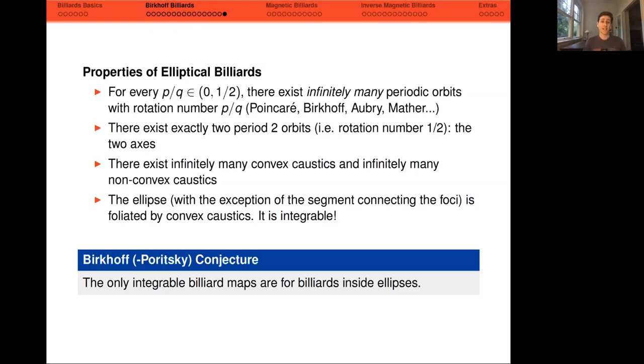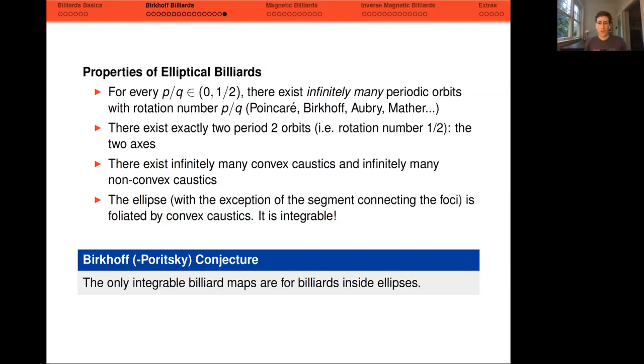There are exactly 2 period 2 orbits: the diameters of the ellipse on the major axis and the minor axis. There are infinitely many convex caustics and infinitely many non-convex caustics. Those confocal ellipses and confocal hyperbolas are the convex and non-convex caustics.